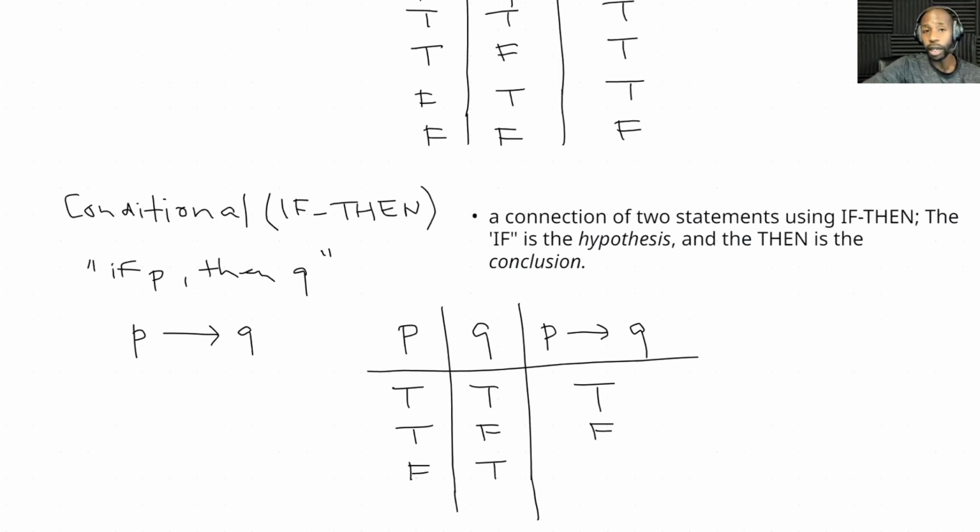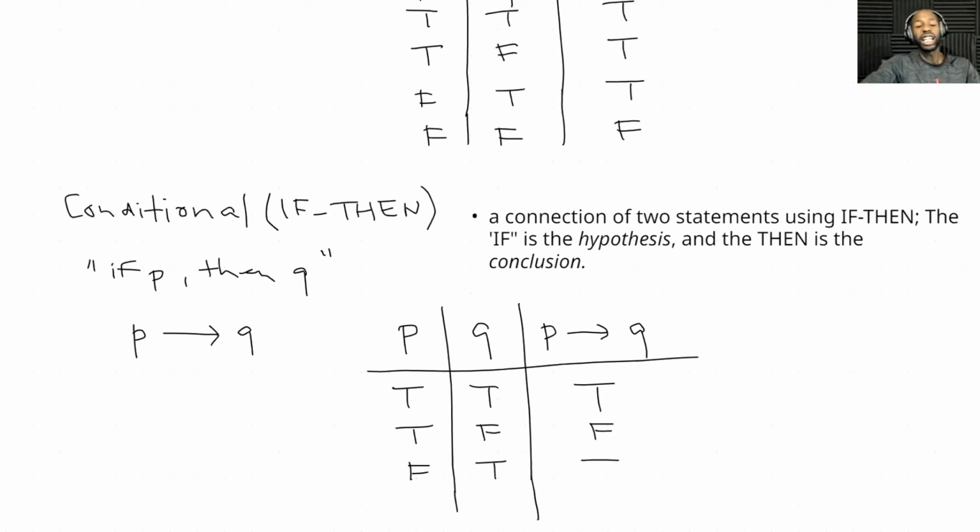So if you think about it, it is okay, because P being true is a condition for Q to be true, but it's not necessarily the only condition for Q to be true, if that makes sense. So this actually is true.